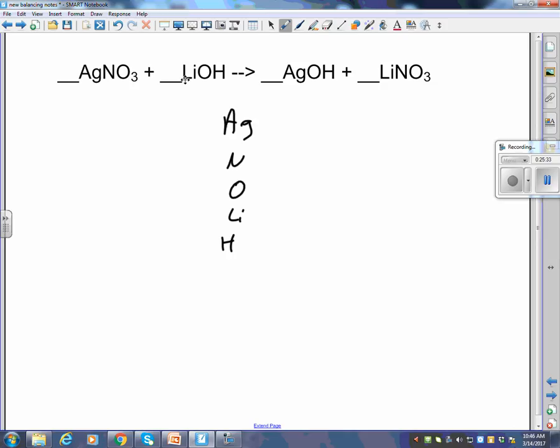So how many you got on the left here, Chloe? 1 Ag, 1 Ag, N, just 1, 3 O's, plus 1 more O here gives me 4. If you want to write it as 3 plus 1, you can. 1 plus 2, oh, look at this. Li, 1, 1. How many H's? 1. Pre-balanced. That might happen to you.